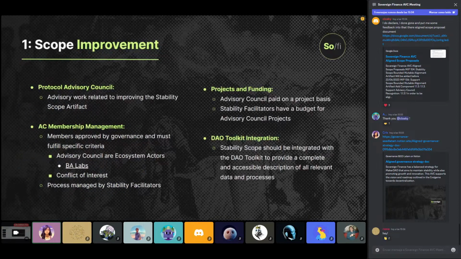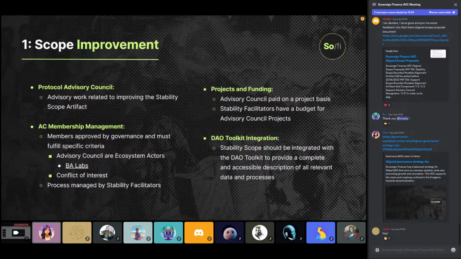Like every last week's meeting, we have the scope improvement, which is of course the Stability Advisory Council. It's a group of approved individuals who work to make the stability scope better, as the name mentions, improvements. Here we have advisory council membership management.